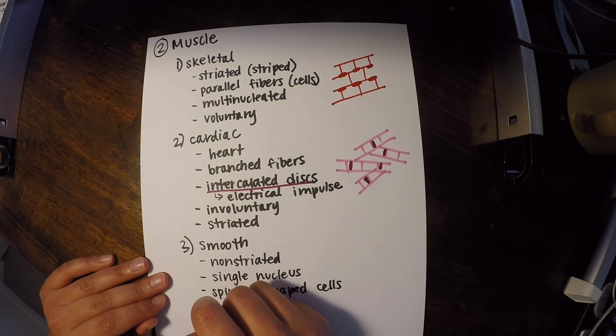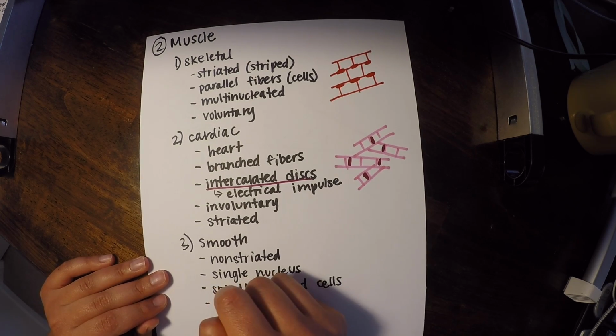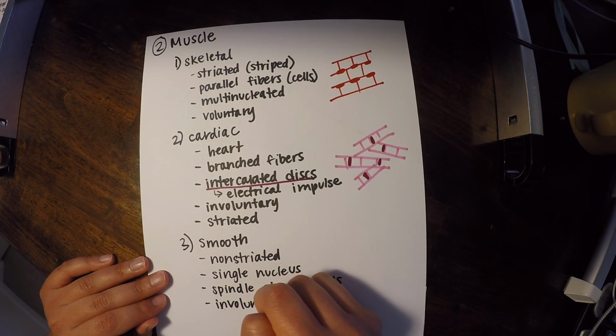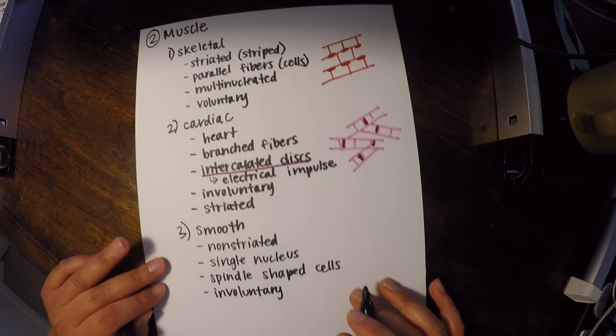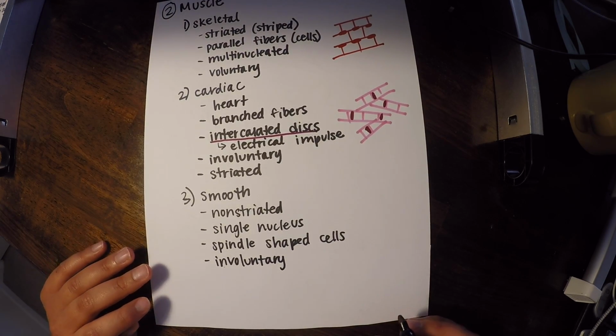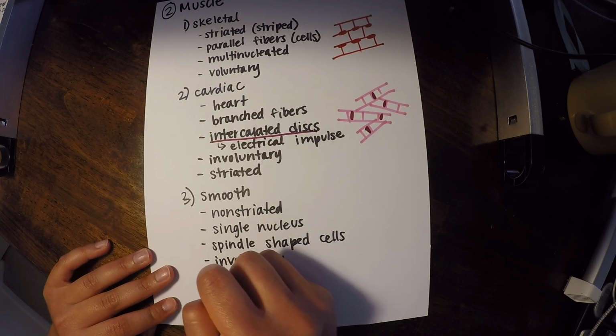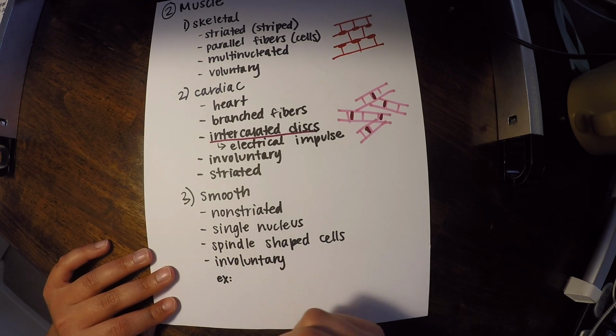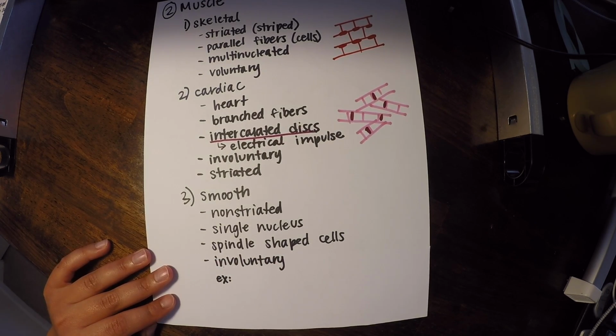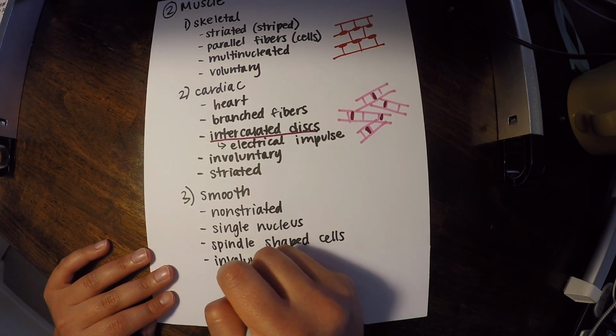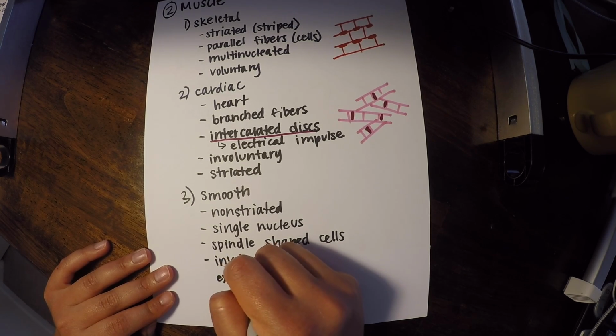And then it's also going to be involuntary. So an example of where you would find smooth muscle is in the digestive tract, or we also call it the gastrointestinal tract or the GI tract. But I'll just say digestive system.